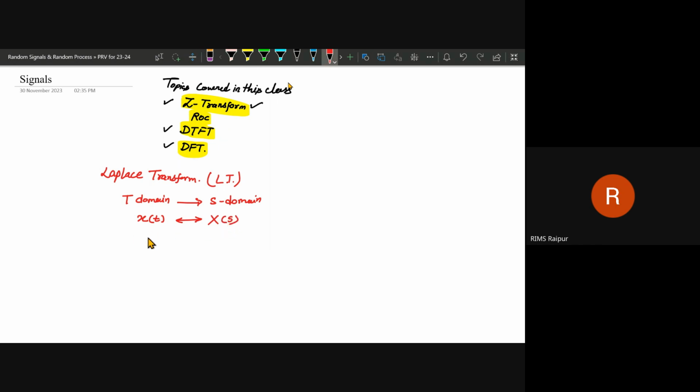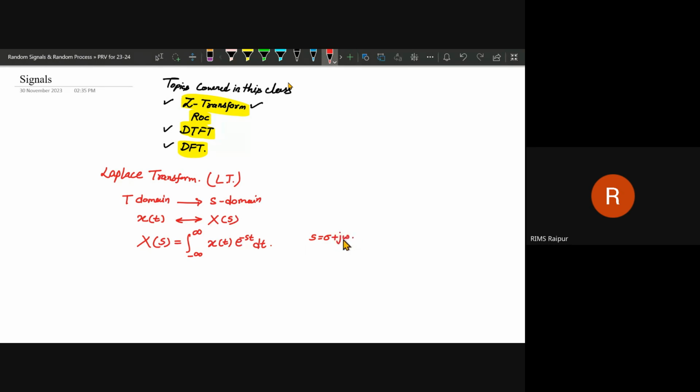Now how do we convert this x of t into x of s? This is the mathematical expression used to convert a signal from time domain to s domain, that is integration from minus infinity to infinity of x of t e raised to power minus st dt. Here e to the power minus st is the kernel, and the value of s is sigma plus j omega.